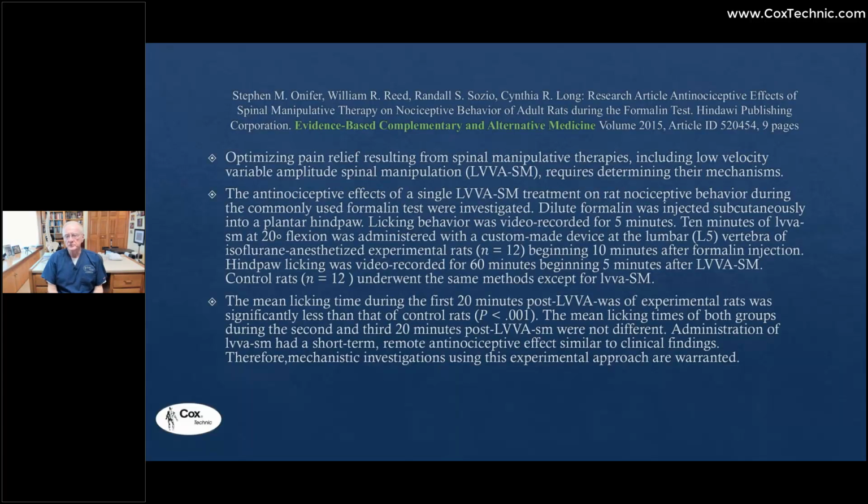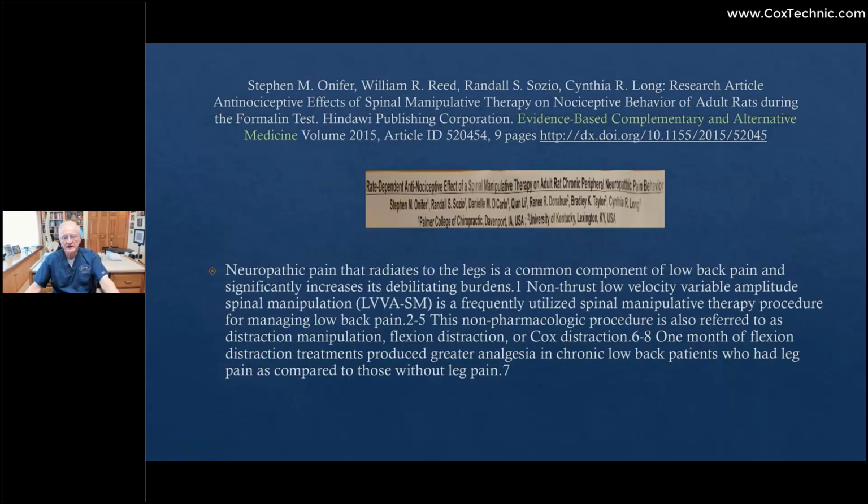I always like to begin with a study done at Palmer on low velocity variable amplitude spinal manipulation, Cox technique. They were studying treating the big white Worcester rat with Cox technique, and it was published in Evidence-Based Complementary and Alternative Medicine in 2015. This was the paper. They even commented on treating neuropathic pain.